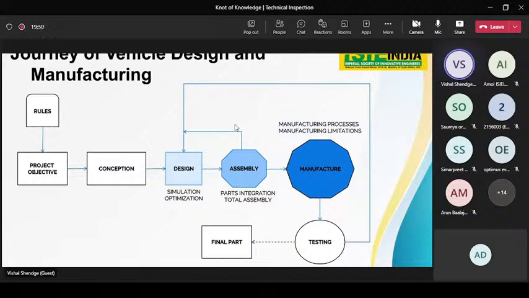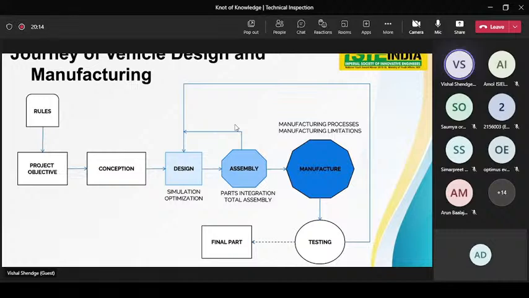In design we have to simulate and optimize our design. After design we have to fabricate our parts. Then assembly. In assembly we have to integrate our parts, and then total assembly of the car will be done.